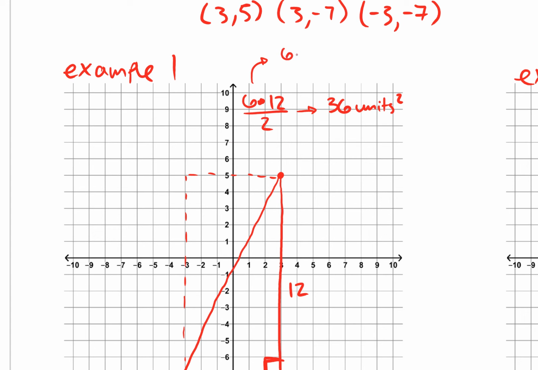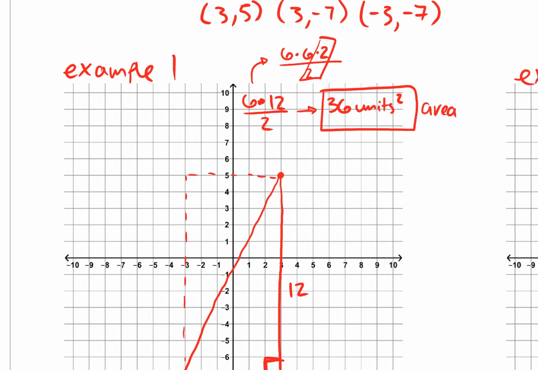This is 6 times 6 times 2, because I just rewrote the 12 as 6 times 2, and then in my denominator I have a 2. So you can see that there is this 2 over 2, that common factor, and it forms the giant 1, 2 over 2. So I'm left with an area of 36 units. So I'm going to box this, and I'm going to label it the area.